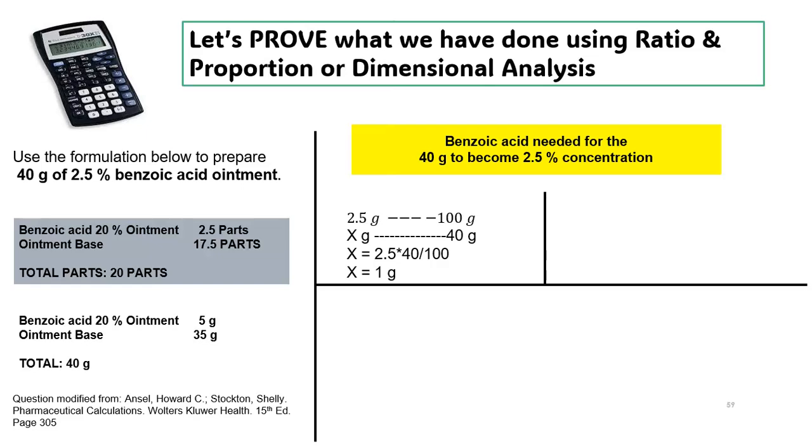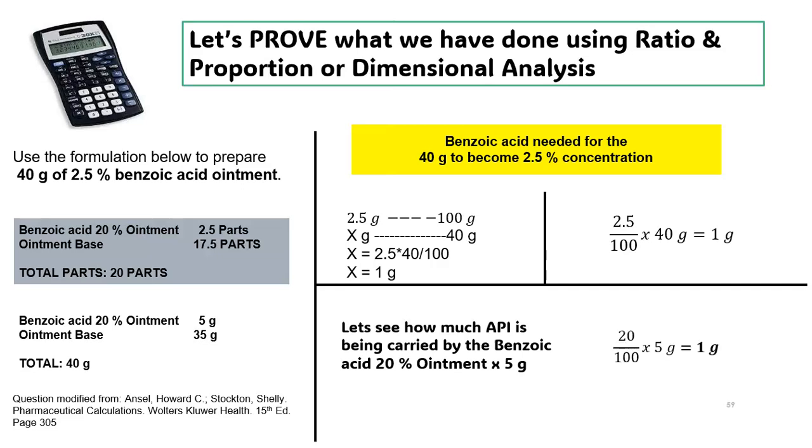But the benzoic acid is coming from the 20% stock. Remember, we did calculations to prove what is being carried by the stock? Let's see how much is being carried by the stock. 20% means 20 grams would have been in every 100 grams of this stock, but we're using a fixed amount of 5 grams.